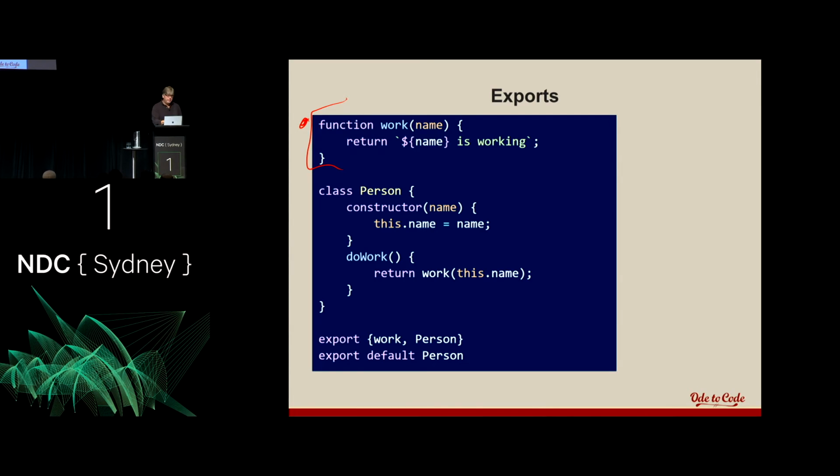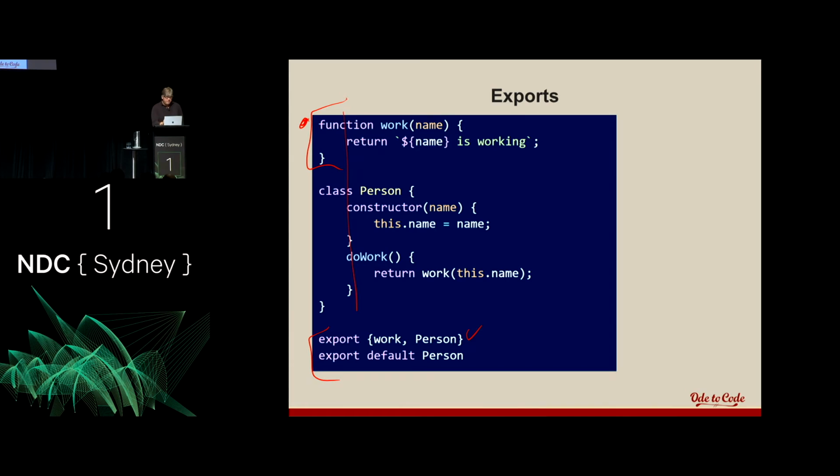Some people like to write all their code and then put their exports down at the bottom so they're easy to find. You just always scroll to the bottom of the file. Oh, that's what I'm exporting. So here I'm exporting two things, exporting work, exporting the person class. You can export functions, you can export classes, you can export variables, you can export just about everything.